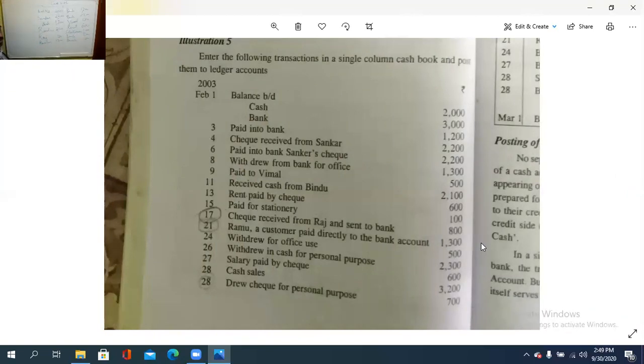Then withdrew for office use. So, drawings, how much? 500. Sorry, here drawings alla. Withdrew for office purpose. Appo endha? Bank.